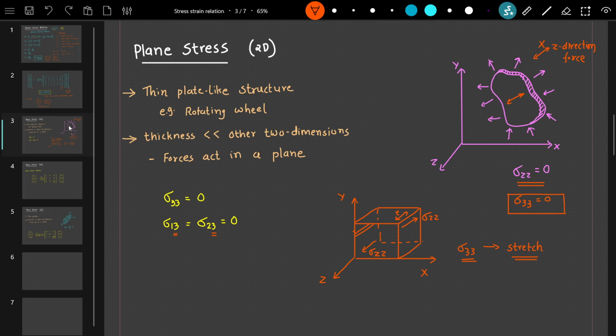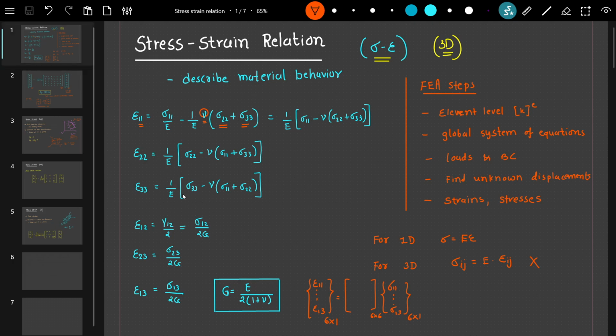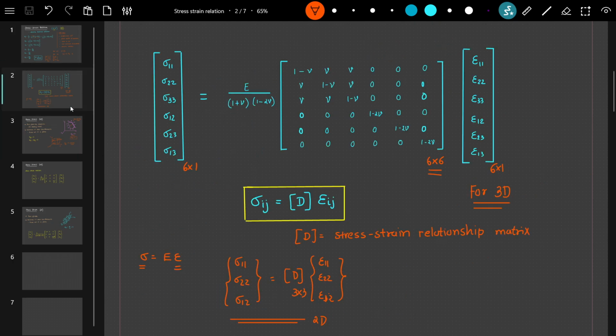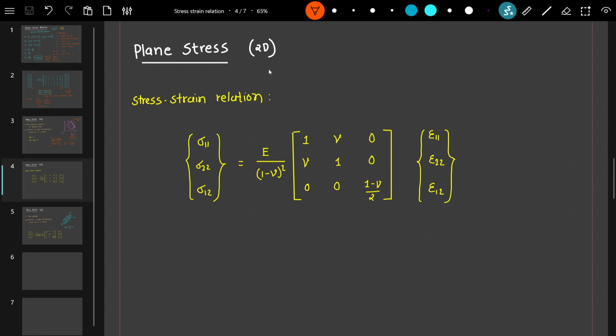So given this condition, when we substitute those conditions here, we can derive the stress strain relation for plane stress, which looks something like this, where the three stress components are related to three strain components using a D matrix, 3 by 3. So we have sigma 1 1, sigma 2 2, and shear stress in plane 1 2.